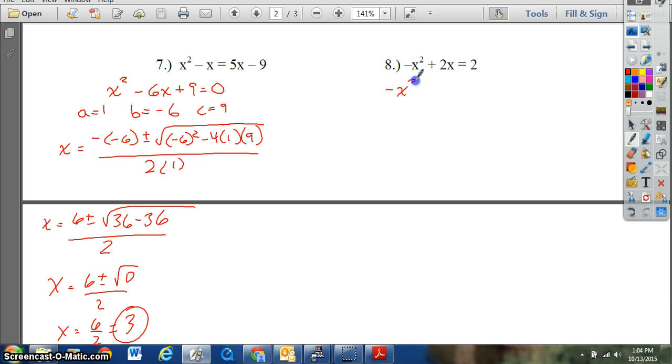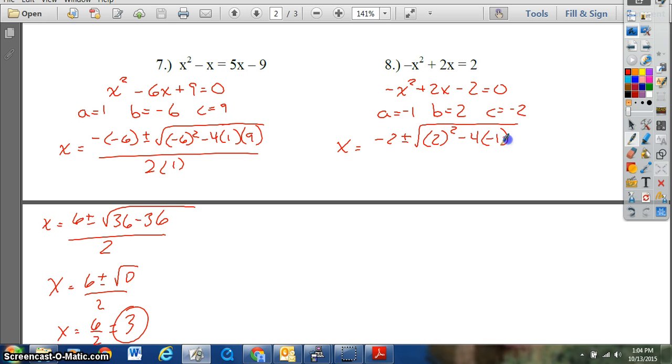So going up here, we choose to leave it as is, not a big deal. A is negative 1, b is 2, c is negative 2. So here we go. We got negative 2 plus or minus the square root of b squared minus 4 times a times c. A lot of negatives there. 2 times negative 1. So this is still negative 2 plus or minus the square root of 4 minus 8 all over negative 2.